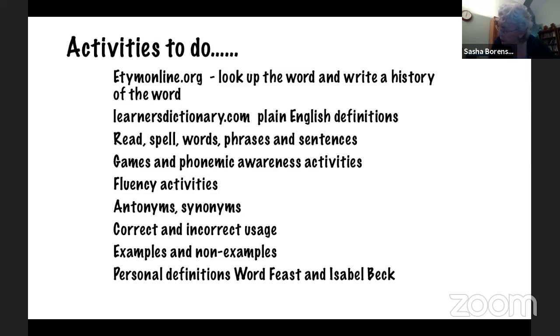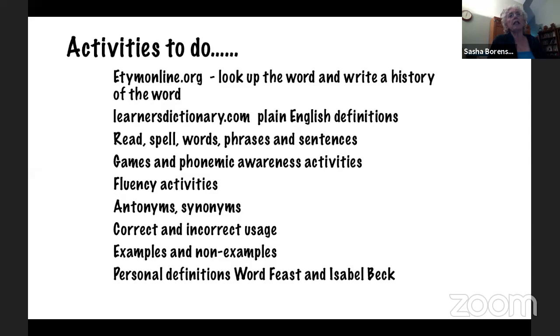There are some materials called Word Feast. Anybody else know Word Feast? I love it. Word Feast was done by, I believe, speech and language people who took Isabel Beck's work and made lessons out of it. It's really helpful. And in that, one of the things they talk about all the time is how do I use this word correctly? And when is it incorrectly used? Very useful.